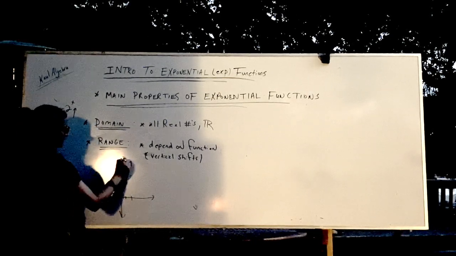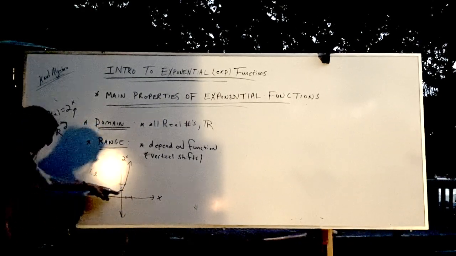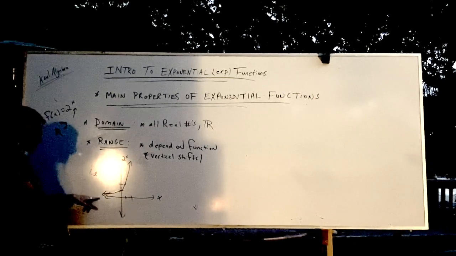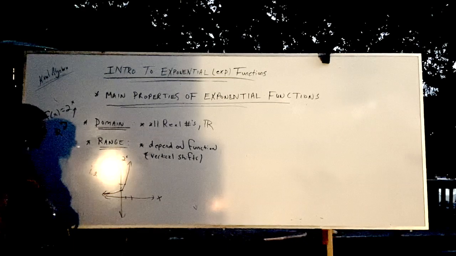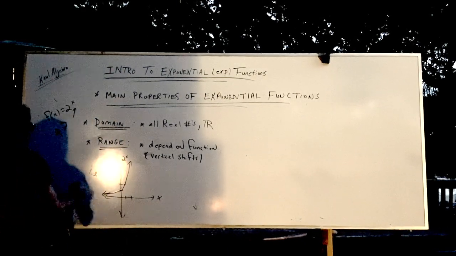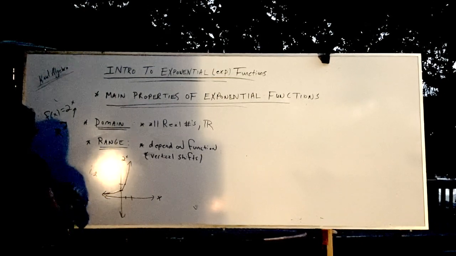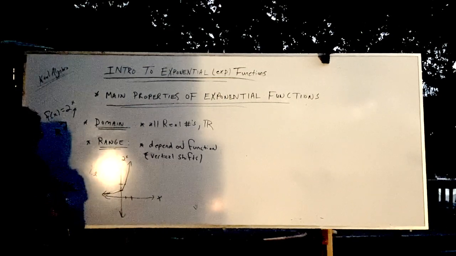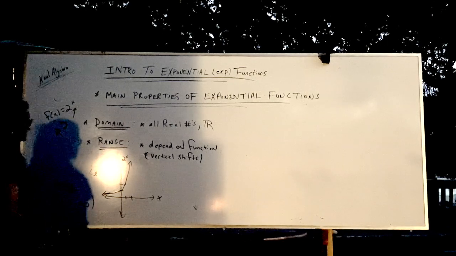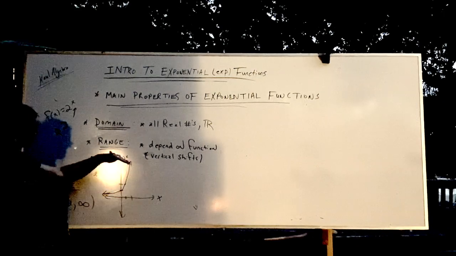So this was my 2 to the x graph. There's y and here's x. And again, this is the asymptotic behavior. As it reaches the x-axis, it gets closer and closer to a y value of 0, but will never reach it. So the range here would be from 0, not including 0 because it doesn't touch the value of 0, to infinity. Okay, so this will include all my y values from 0 to infinity.